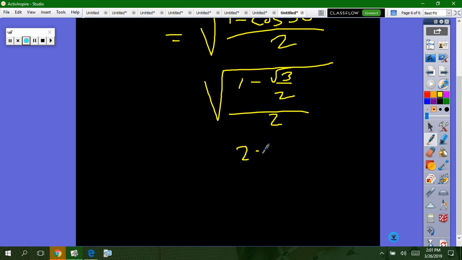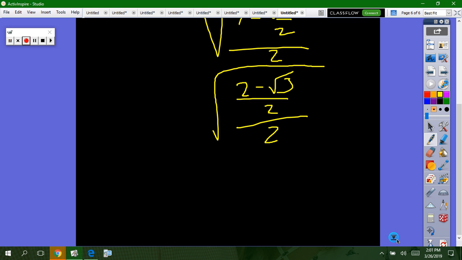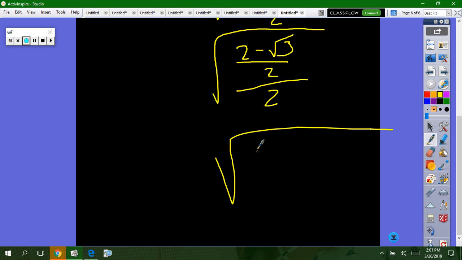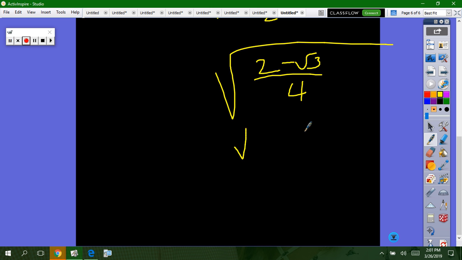So that's 2 minus root 3 over 2, over 2. I just got a common denominator in the top fraction. What happens when you have a fraction over a fraction? I multiply by its reciprocal. So that's the square root of 2 minus root 3 all over 4, which is square root of 2 minus root 3 all over 2.